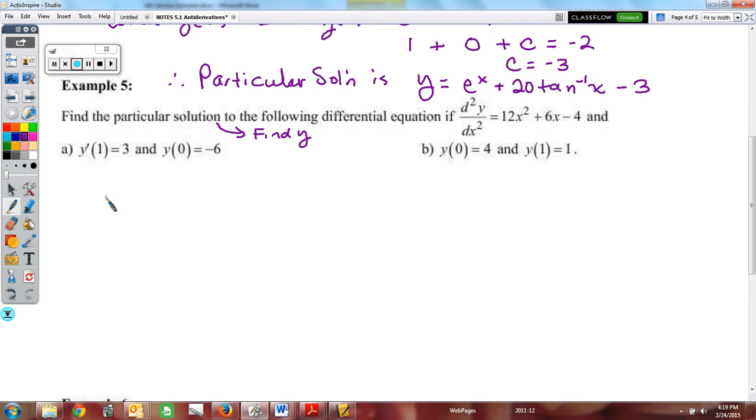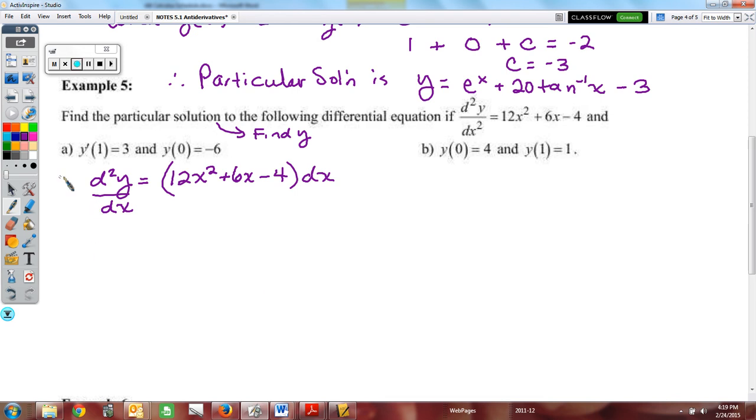Let's bring down my second derivative, and I'm going to go ahead and separate by moving only one of the dx's to this side, because I have to separate once. Okay. And then I'm going to integrate.